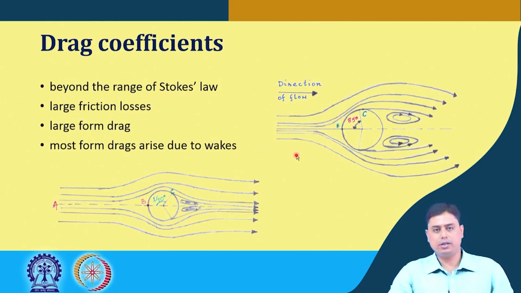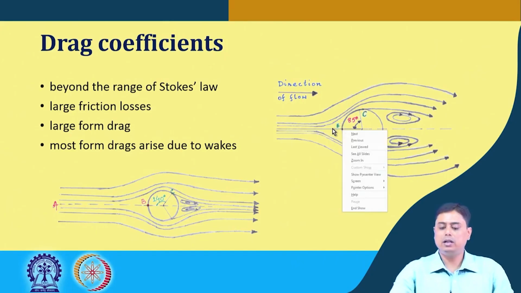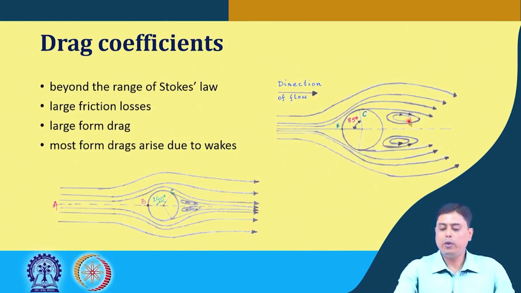And in these cases, well beyond the range of Stokes' law, flow separation happens. For example, this schematic shows a laminar flow across a spherical object, where the flow separation happens at point C. Point C is the separation point, point B we call the stagnation point, and wake formation occurs. Now this wake formation creates large form drag.